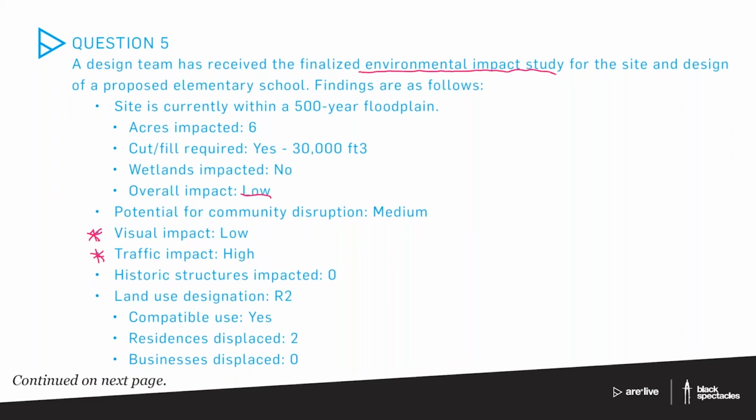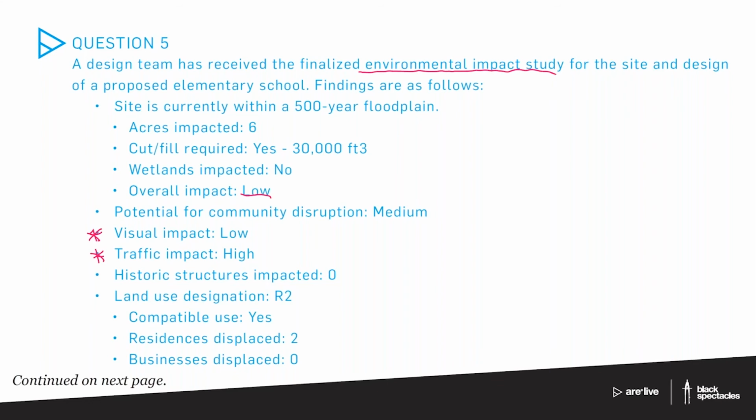And then finally, we get to land use, where we note that this is an R2 designated site, and the use of the proposed project is compatible, displacing just 2 residences and 0 businesses. So again, think about what this question is really about.